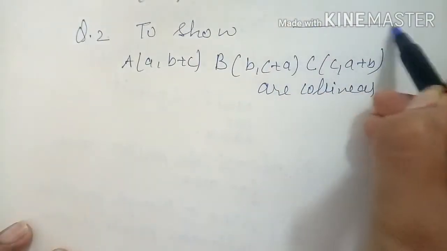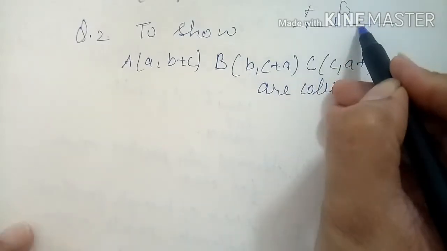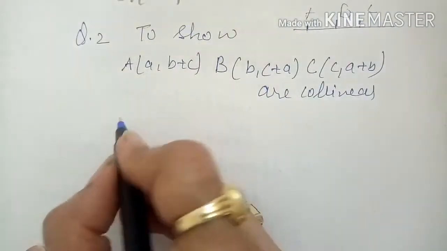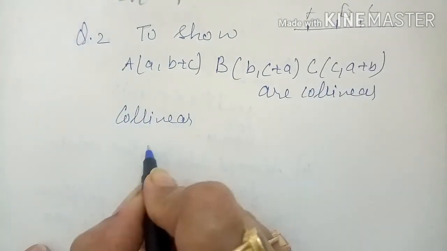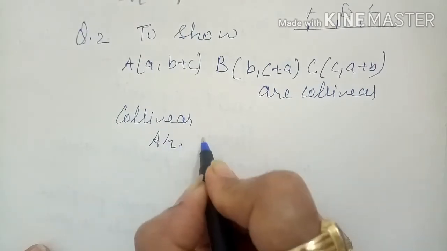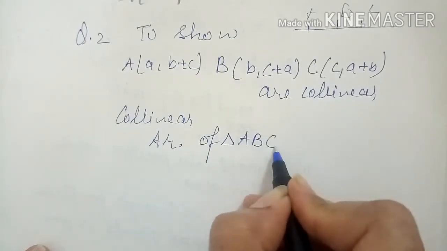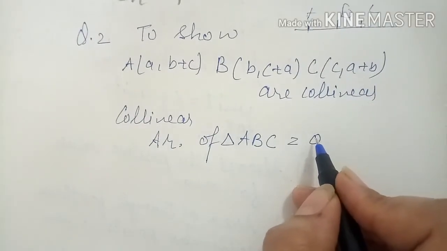Now we have to show that these points are collinear. Collinear means all these points A, B and C are on the same straight line. For collinear, area of triangle ABC will be 0. Yes.